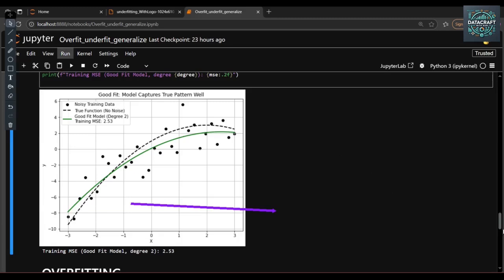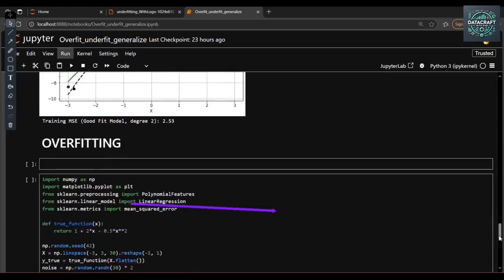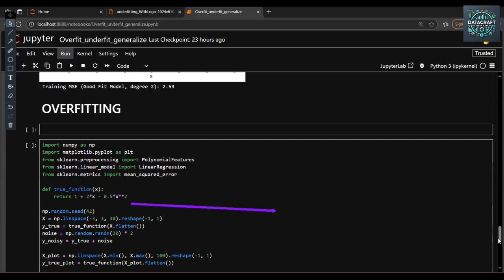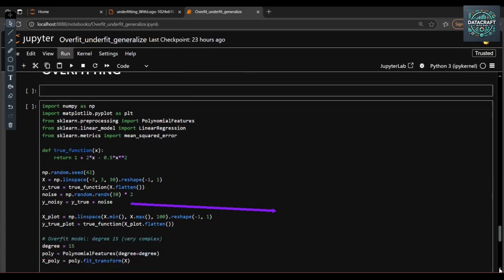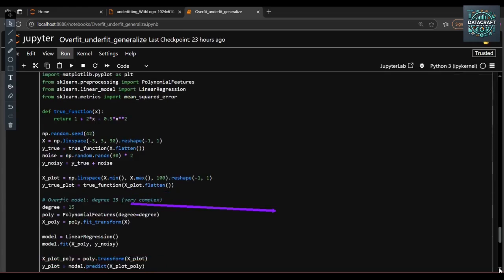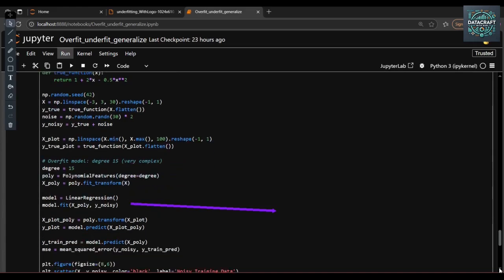So now let's talk about the overfit. For the overfit scenario, I have taken the same example as with the good fit and the underfit. The libraries are the same, NumPy, Matplotlib and polynomial features, the model is linear regression, and the performance metric is the mean squared error. With the help of NumPy I have generated the data, split it into independent and dependent variables, and then we fit the model.